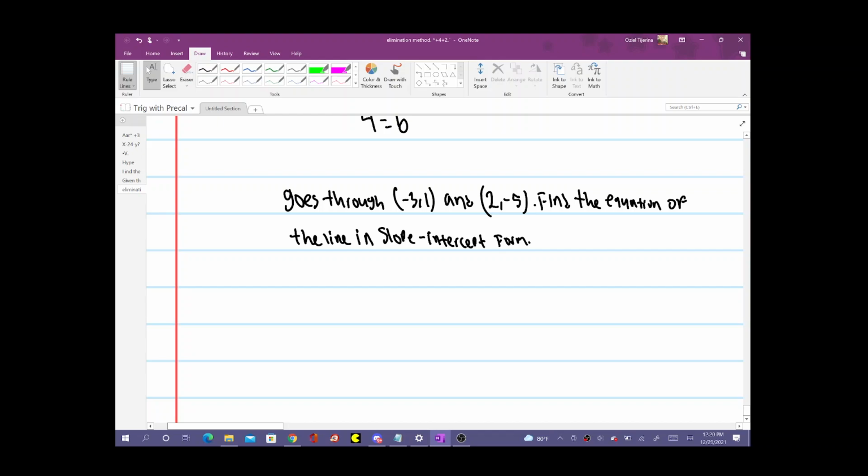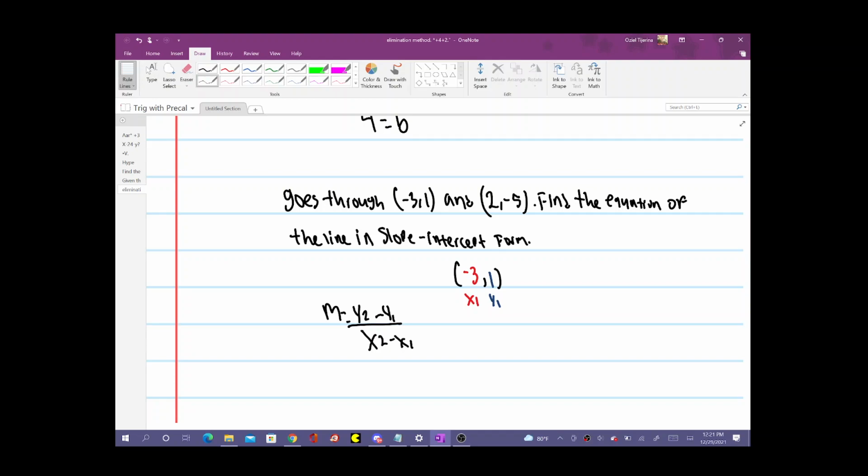The other method is by using the formula m equals y2 minus y1 over x2 minus x1. I am going to color code, so -3, comma 1. -3 is the lowest x value, so that can be x1, and 1 is just y1. Because x1, y1, x2, y2. If we find x1, then y1 is the y term of that x.